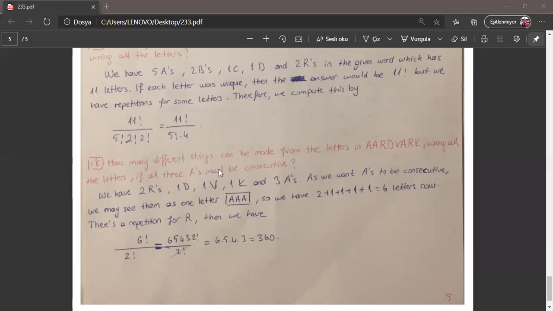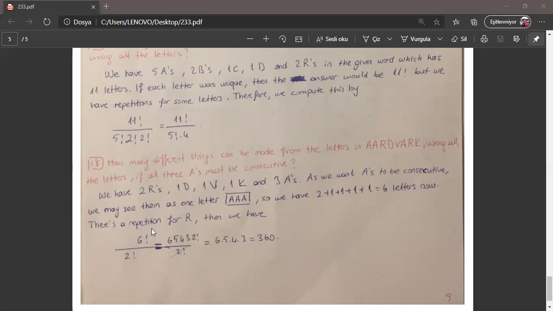As we have this condition, we can think of these 3 A's as only one letter. Now how many letters do we have? We have 2 R's, 1 D, 1 V, 1 K, and one letter which is the A block. So we have 6 letters.